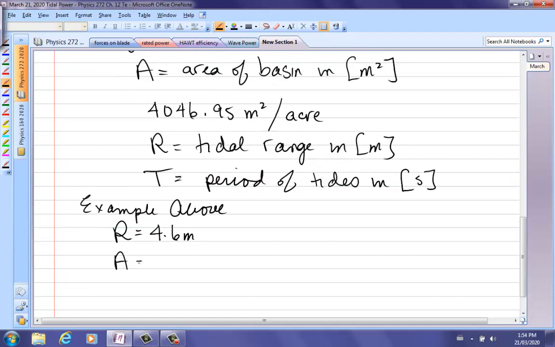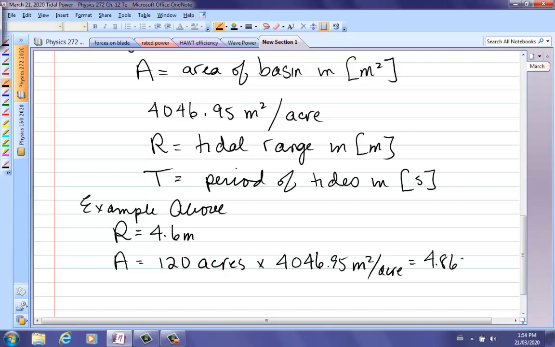A is the area of the basin, which we're told is 120 acres. So we multiply that by 4,046.95 square meters per acre to get an area of 4.86 times 10 to the 5 square meters.